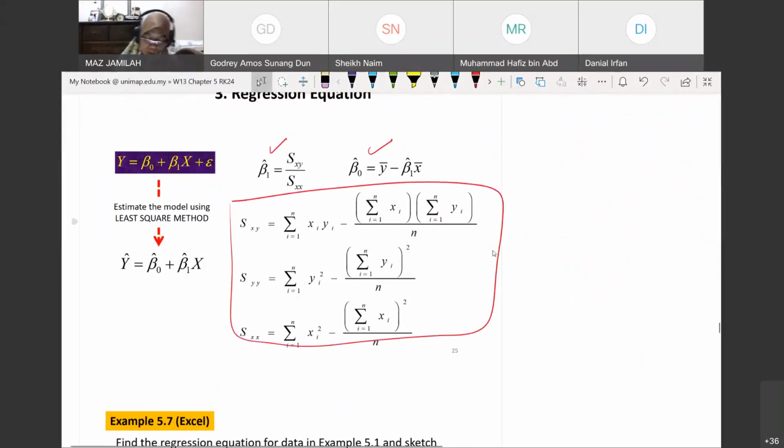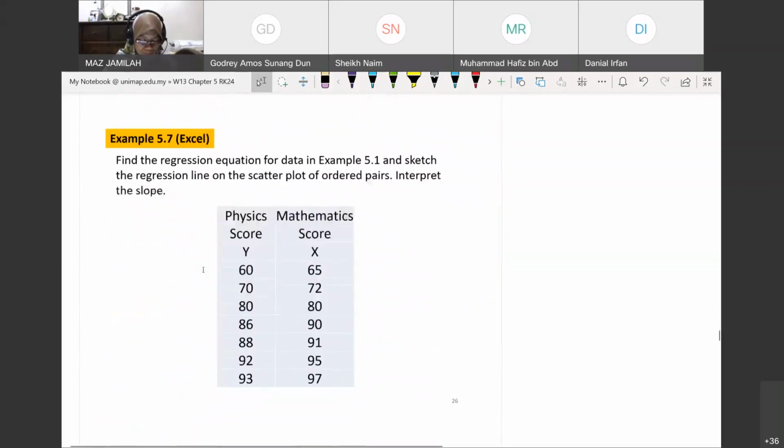We have mentioned this earlier. Your regression equation will be given by your Excel. But for the way the least square method is used in the calculation, you can read it in your textbook.